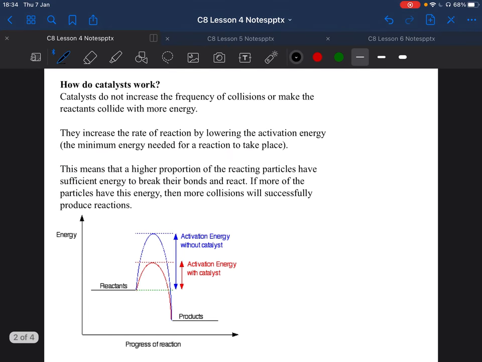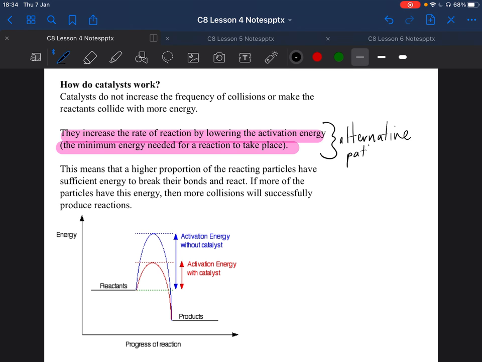So let's look at how the catalyst actually works. When I talked about the catalyst lowering the activation energy, it lowers that activation energy because it gives the reaction an alternative pathway. So another route for the reaction to happen over.